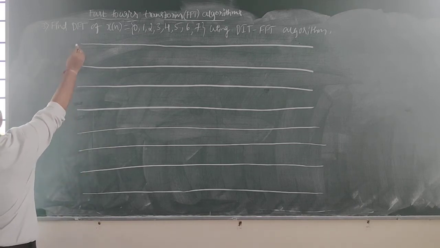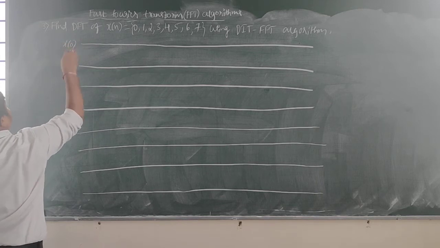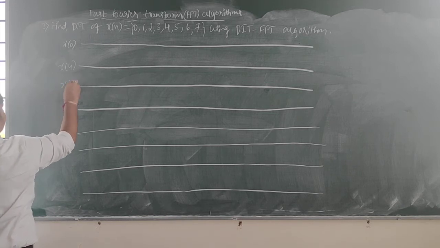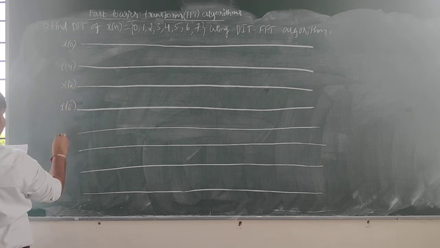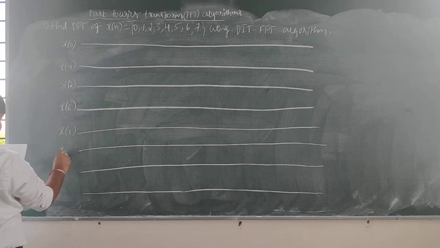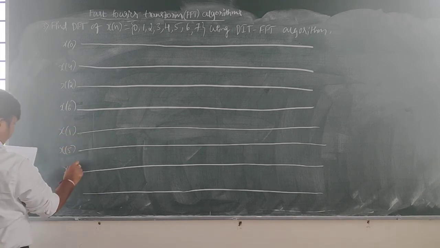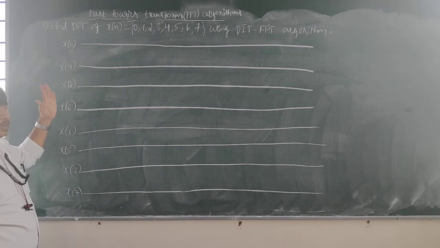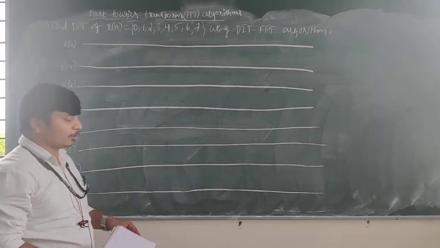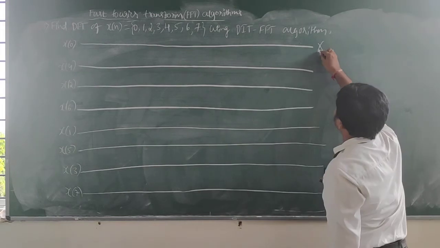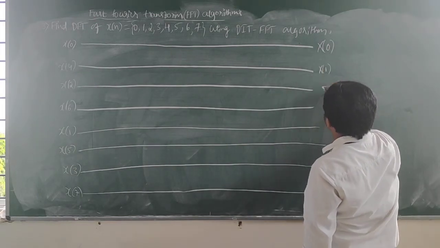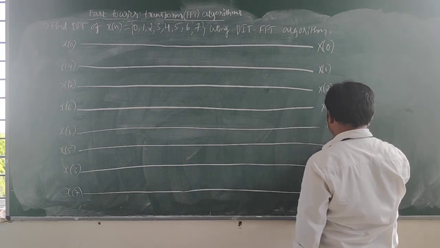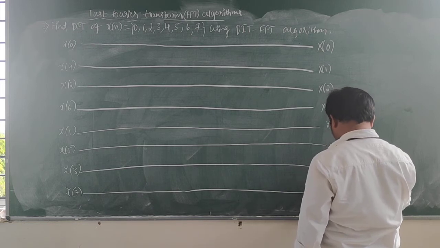Okay. So x of 0, x of 4, x of 2, x of 6, x of 1, x of 5, x of 3, x of 7. Okay. So I have considered the input in the bit reverse manner, which we know already. Okay. And the outputs will be in the same order. It is x of 0, x of 1, x of 2, x of 3, x of 4, x of 5, x of 6, and x of 7.